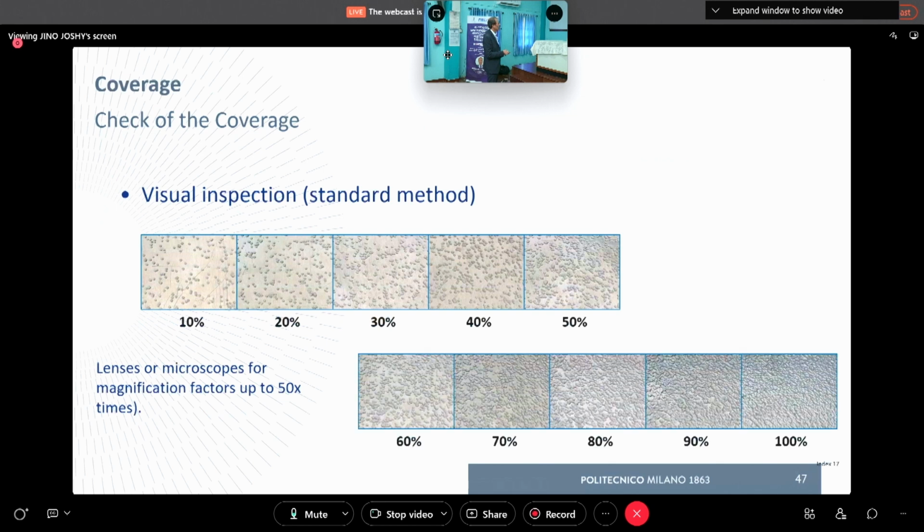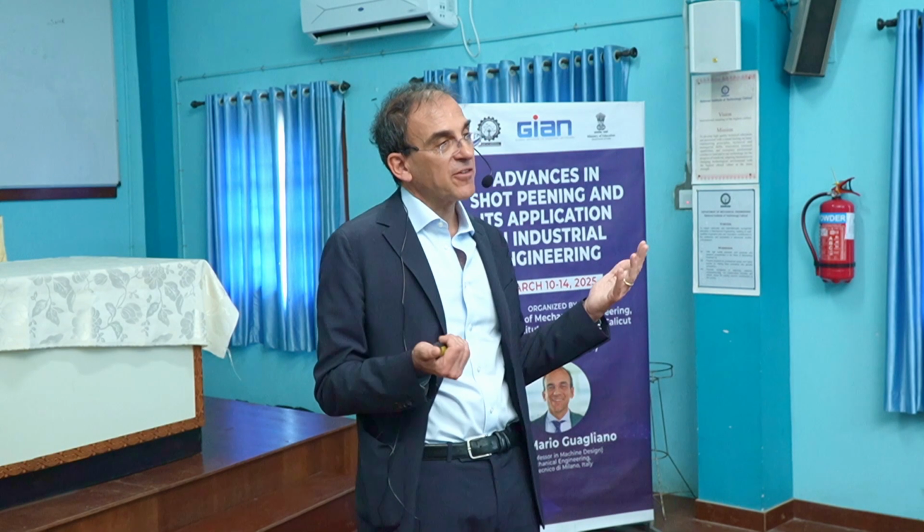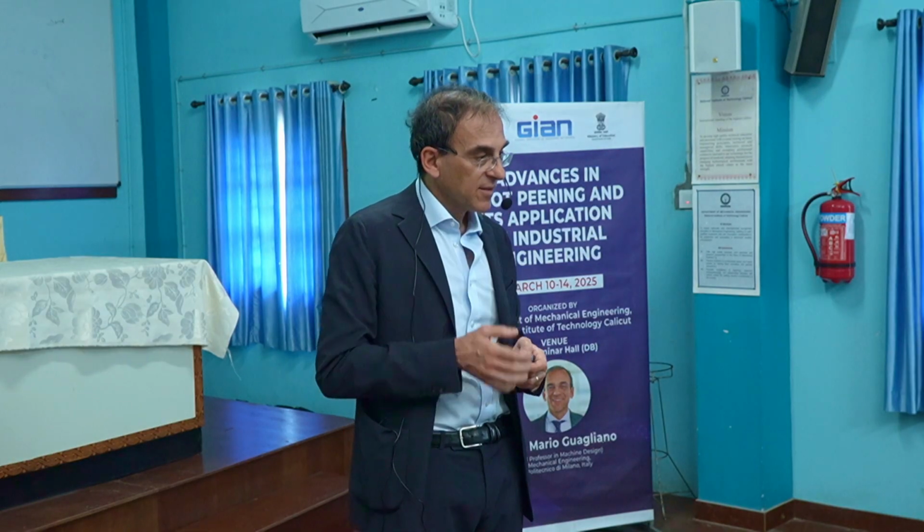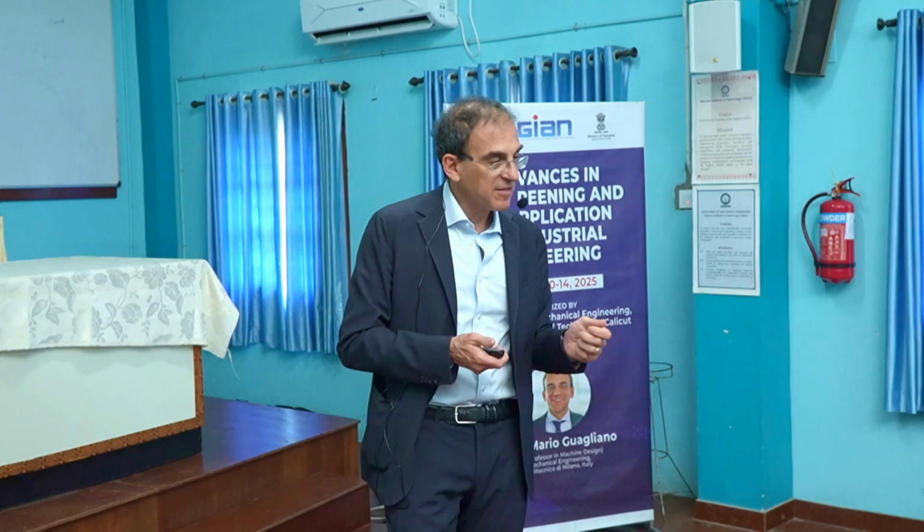If we are using a microscope, this is a final estimation if the coverage is increased. Because when coverage is 90% or 100%, with a visual estimation without some lenses or an optical microscope, it's not so easy to detect possible weak points or where shot peening has not been done. Okay, so we don't need a large magnification factor. 50 times is enough, but anyway, it's better to use it. Okay, so this is optical.